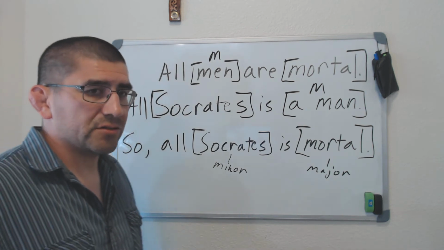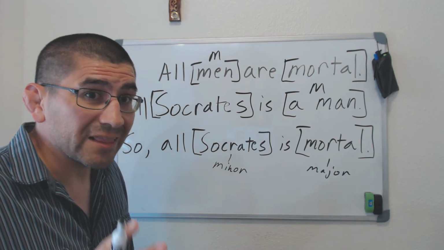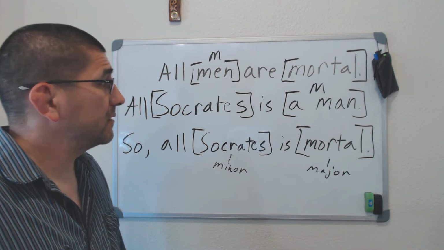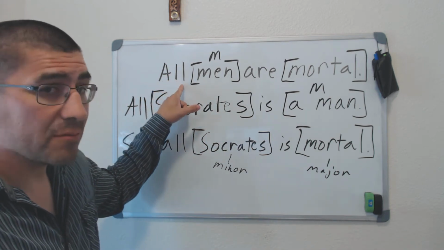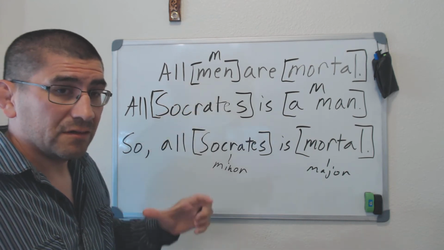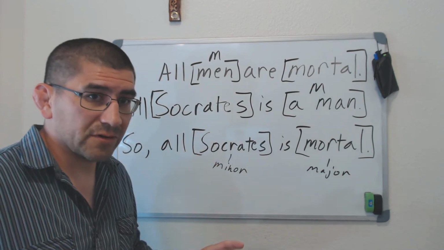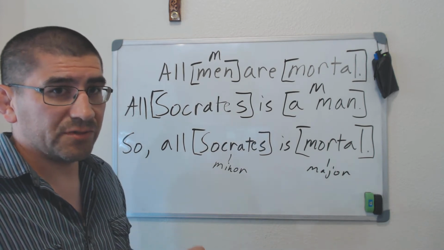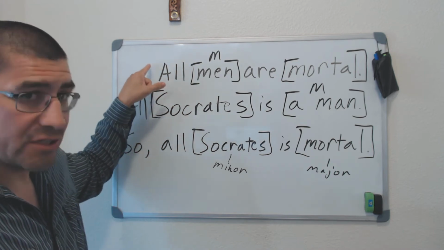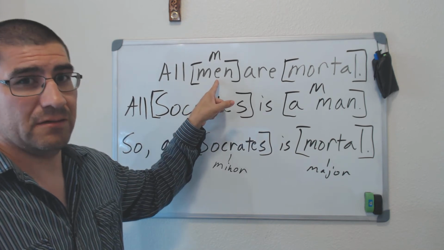Okay, now we have to determine if this thing is distributed, because it must be distributed at least once, okay, in order for this thing to be valid. We see here for an A proposition, okay, for an A proposition, if you have a chart already, or if you've memorized this already, a chart on distribution, and you refer to that, you will clearly see that for an A proposition, which this is, that the subject term is distributed.